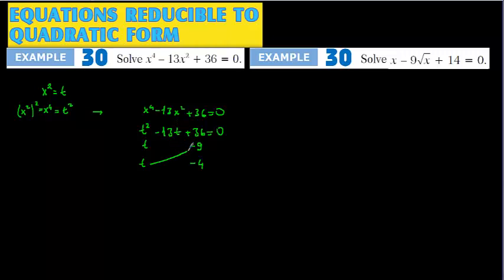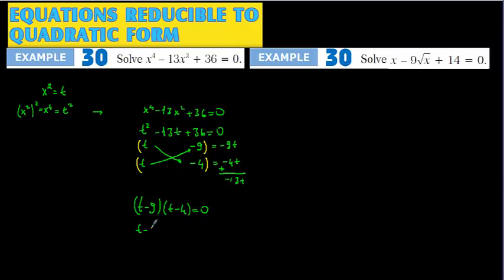Crossly we multiply and get minus 9t for that one and minus 4t for that one, and the sum is equal to minus 13t. Then this factorization is true. That's why the factors are t minus 9 and t minus 4, so our equation is t minus 9 times t minus 4 equals 0.